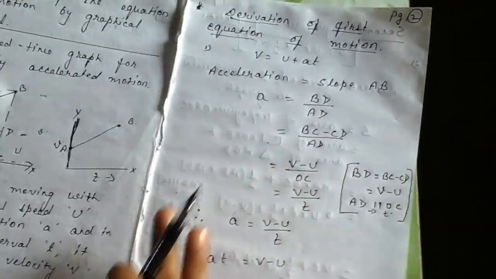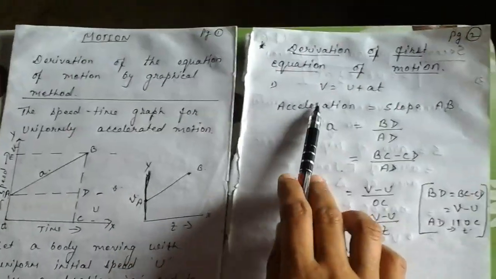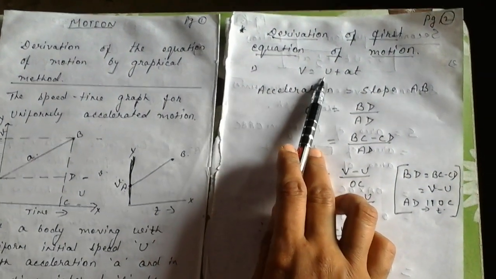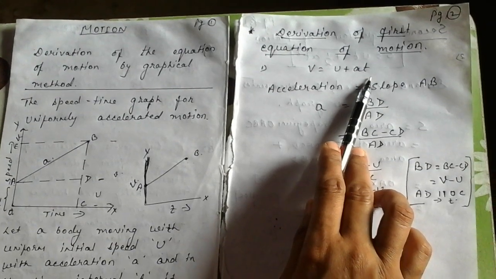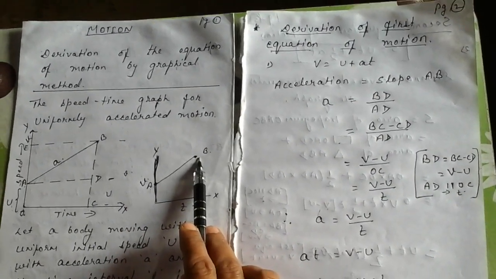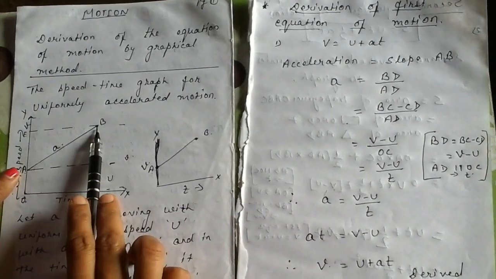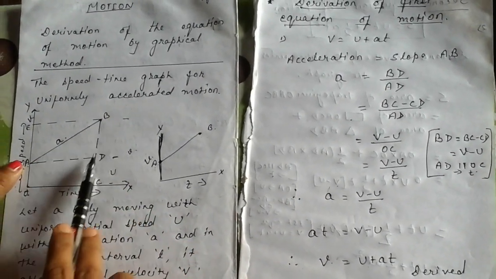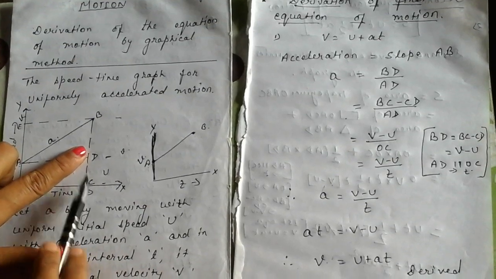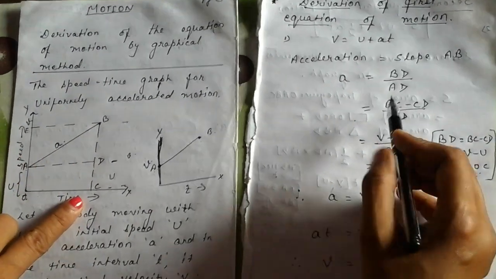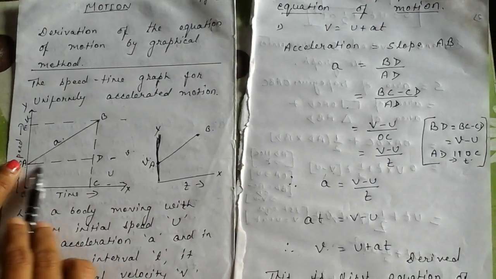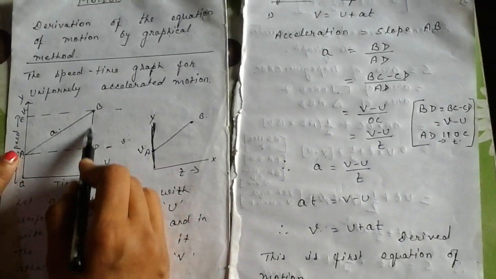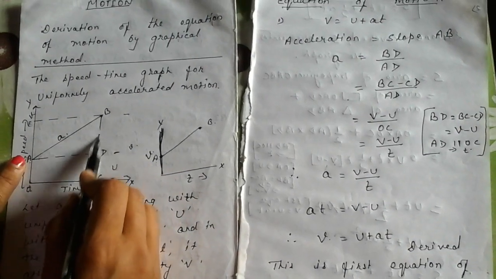How will we do it? Say, the first equation of motion, you know, v = u + at. We have AB, that is the acceleration. So, acceleration, we know, is BD by AD, the slope of triangle ABD.